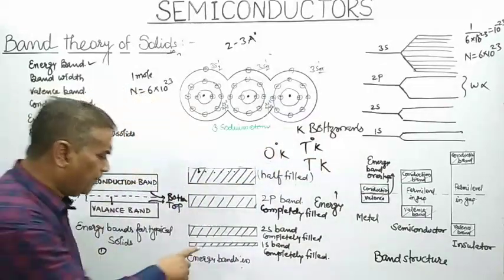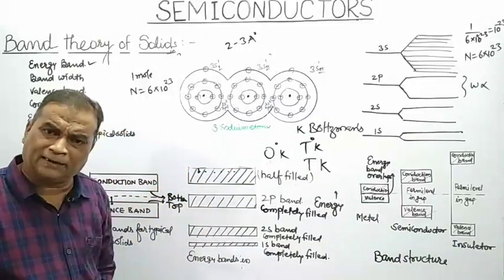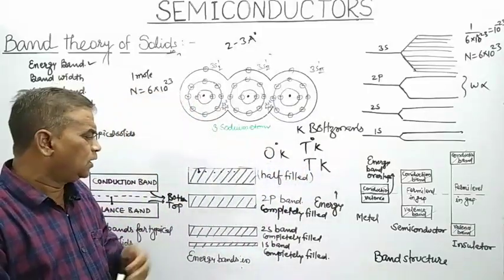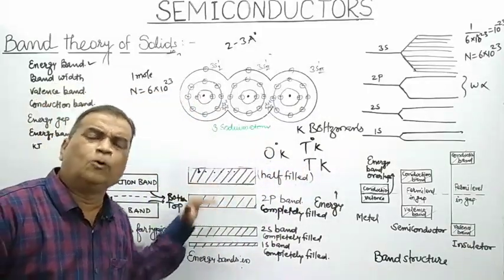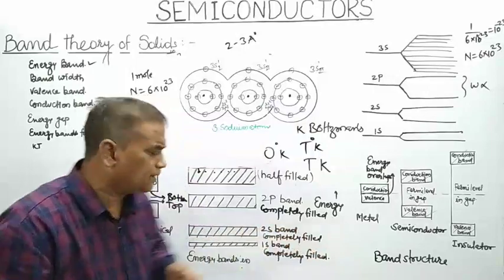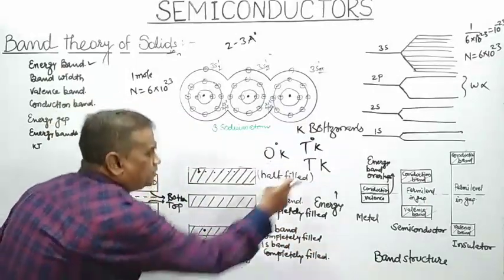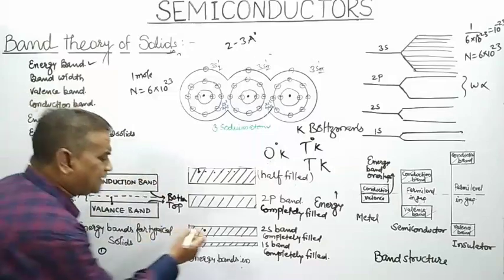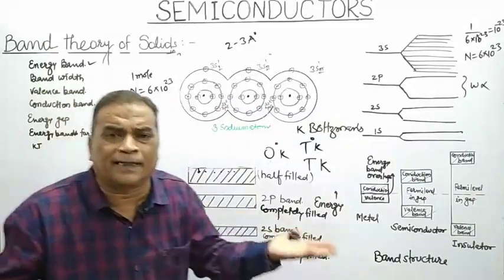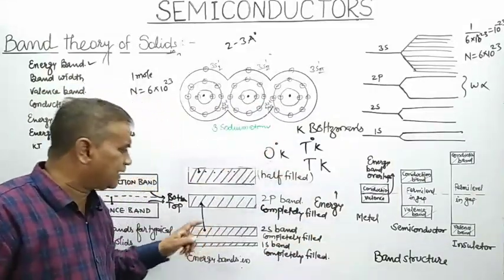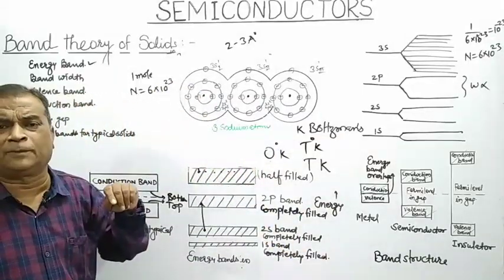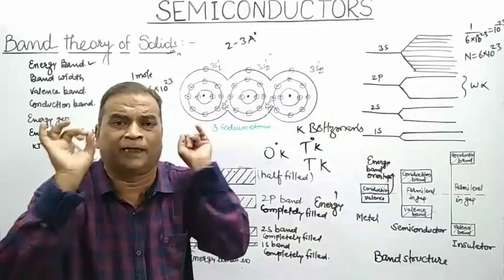But the electrons in the lower bands, which are completely filled, even after receiving kT amount of energy, cannot move to a higher energy orbit, because the higher energy orbits are already occupied. So even though these electrons receive kT amount of energy, they will not participate in conduction of electricity.